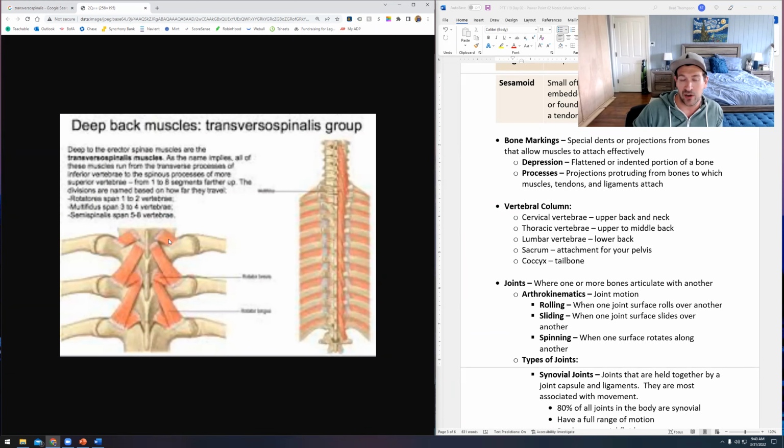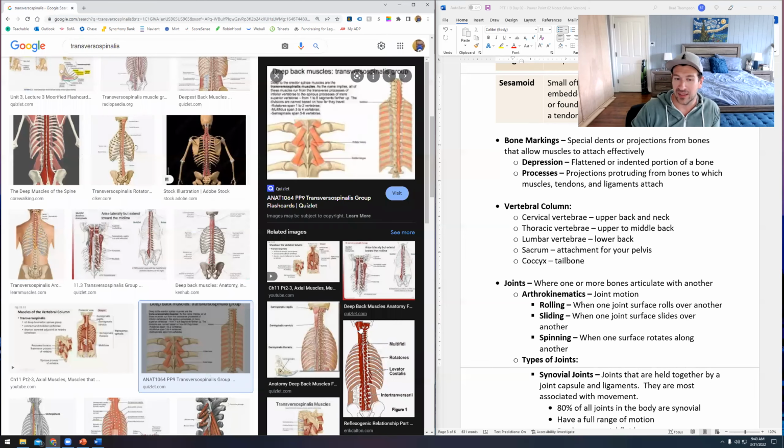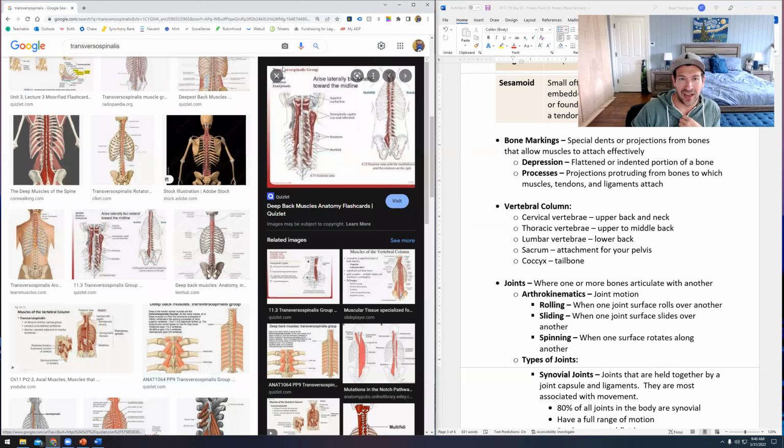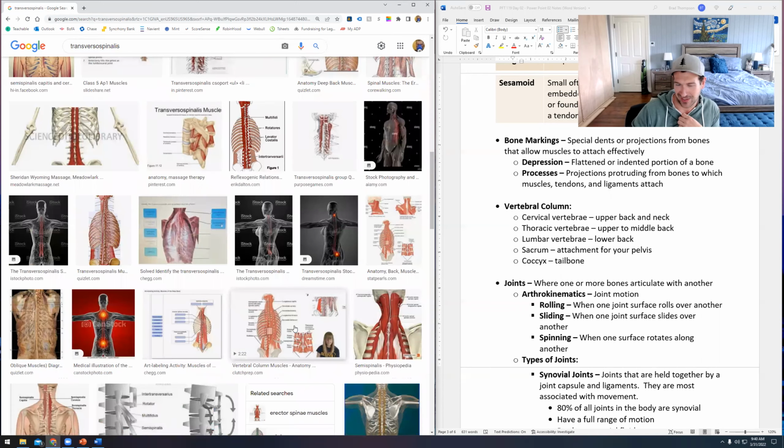If you've ever pulled your back or thrown your back out, that's often because one of these little muscles basically got pulled. We had a lack of stability within the spine. And believe me, for those of you who are new, we are going to be talking a lot about spinal stability over this course and next courses and just all the time.